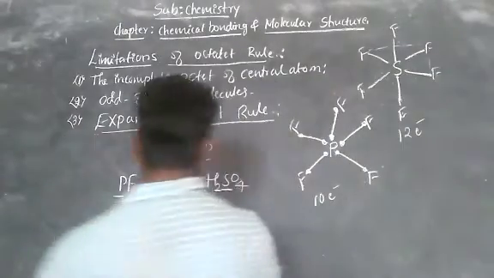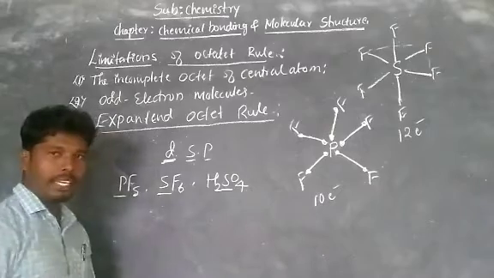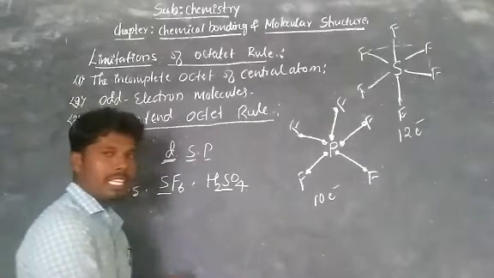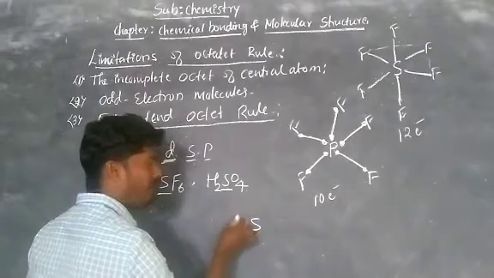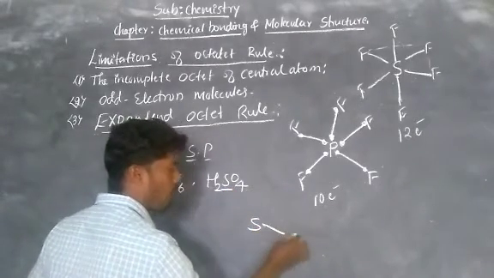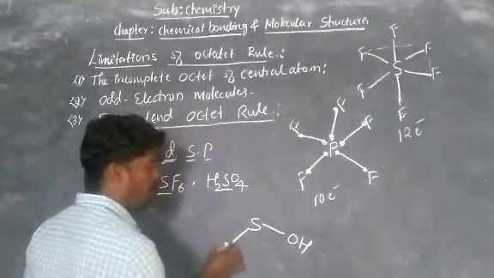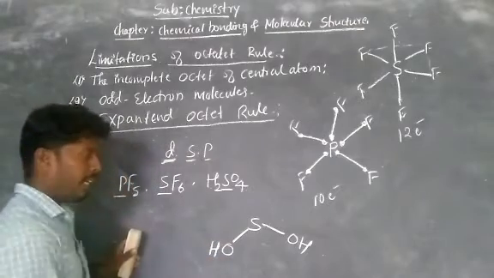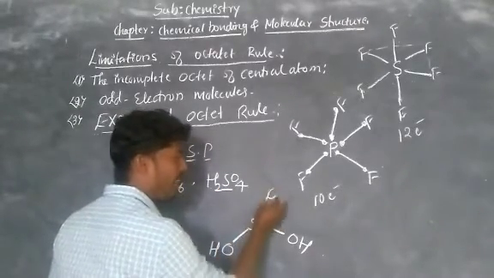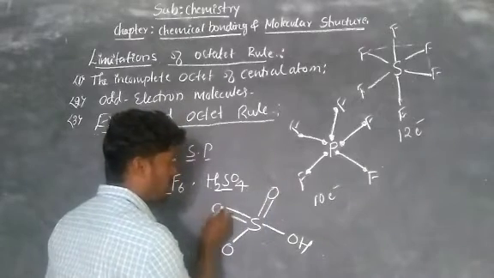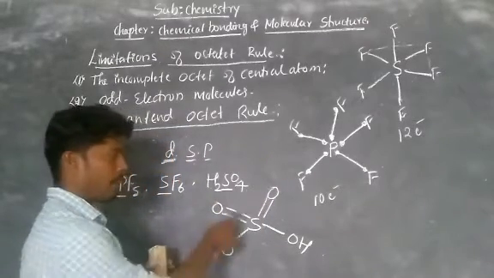Similarly, take H2SO4, write the structure of sulfuric acid. You studied it in your lower classes. So the sulfuric acid structure is sulfur, 2 hydrogens and 4 oxygens, that is OH bond OH. Then how many oxygens are left? 2 oxygens. Those 2 are divalent, making a double bond with sulfur.